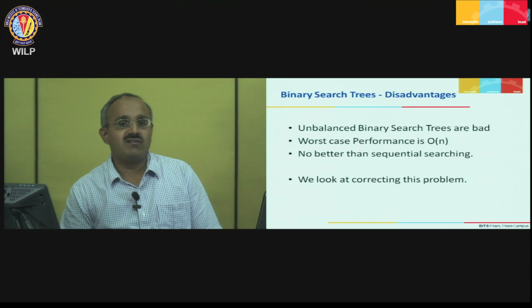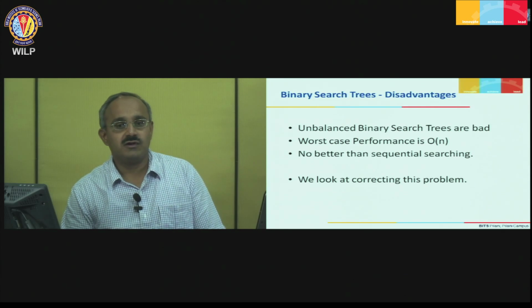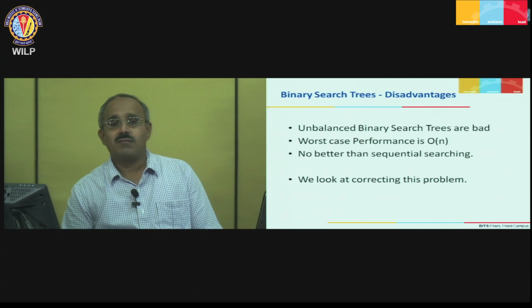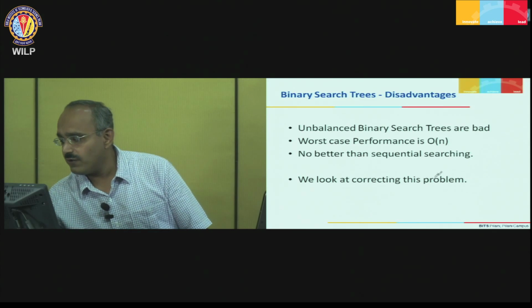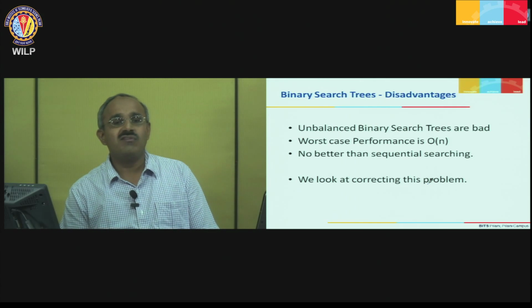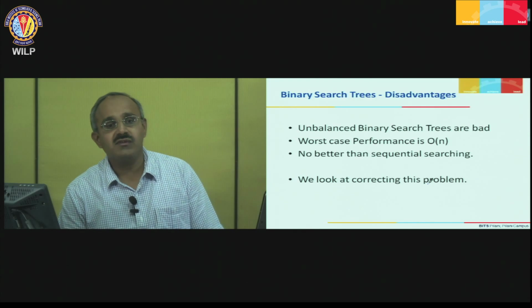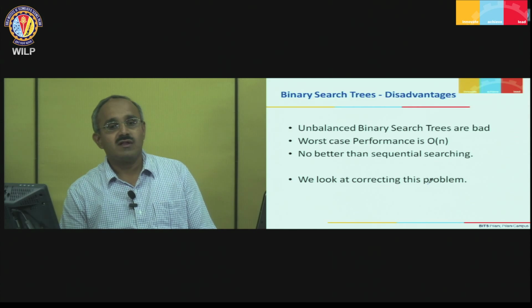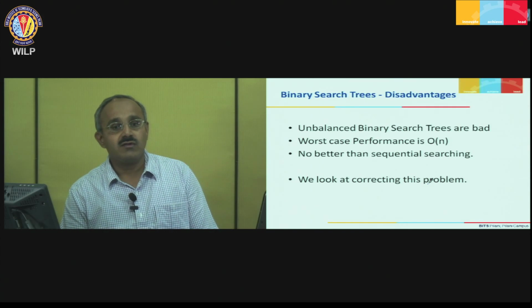We have also seen that if a binary search tree is a full binary search tree, then the search is efficient. Let us illustrate this point. If I look at a binary search tree with 7 nodes, or 7 keys, we have seen that there are 2 possibilities.